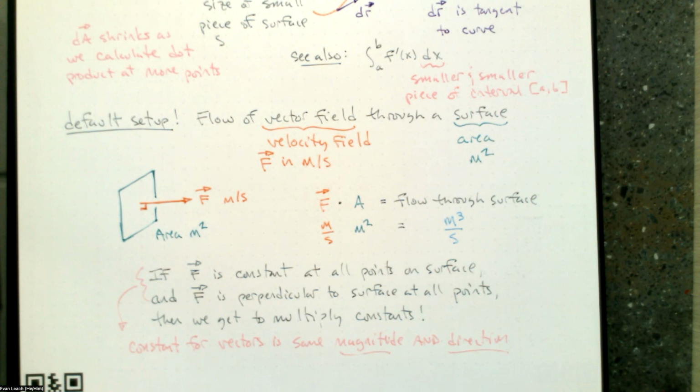For vectors, constant is going to mean the same magnitude and the same direction.